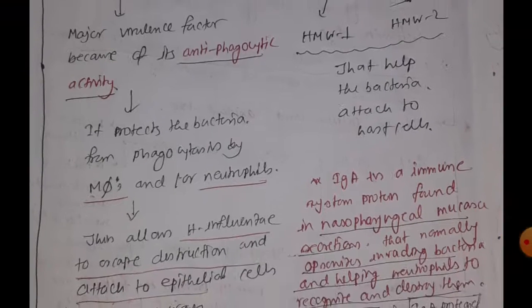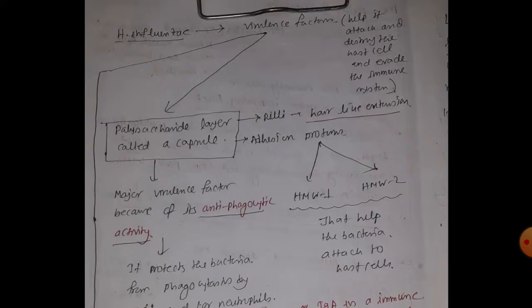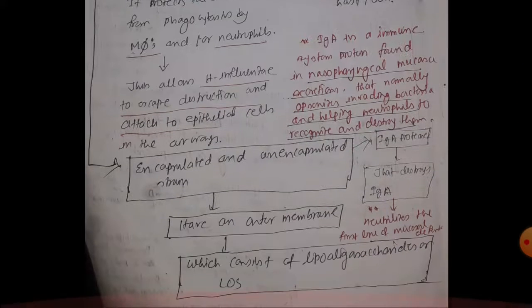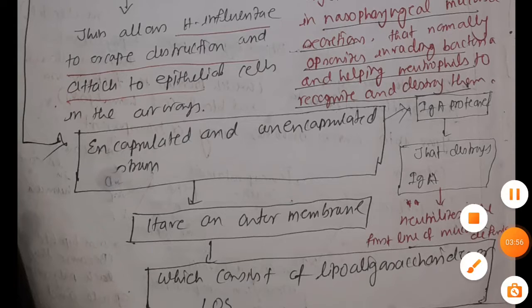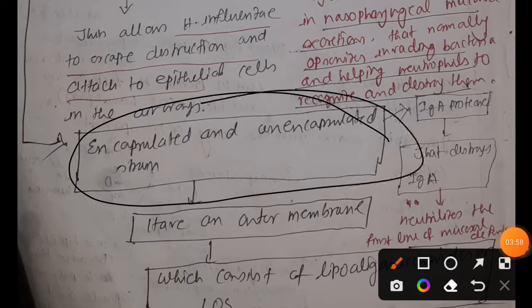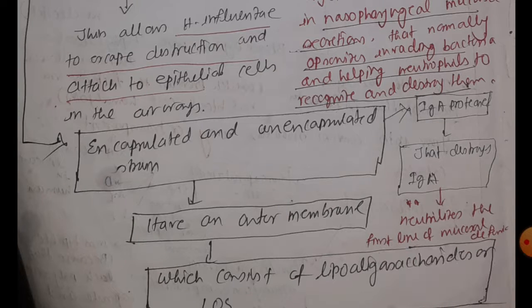Now, after discussing one virulence factor for encapsulated bacteria, it is time to understand one virulence factor for unencapsulated bacteria, although this virulence factor is present in both encapsulated and unencapsulated bacteria. In the previous video I told you that Haemophilus influenzae is a gram negative bacterium, and gram negative bacteria have an outer membrane.